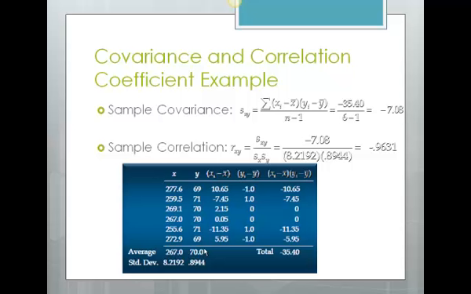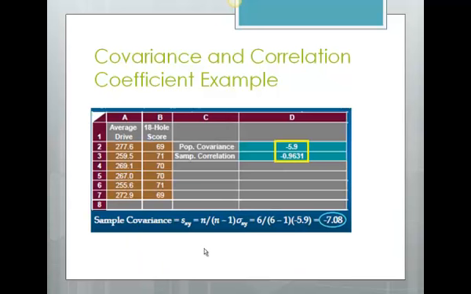So as distance increases, score decreases. And then he calculates the sample correlation, and that number is close to -1. That's going to indicate a strong inverse relationship there. And we can see the same calculations using the Excel functionality.